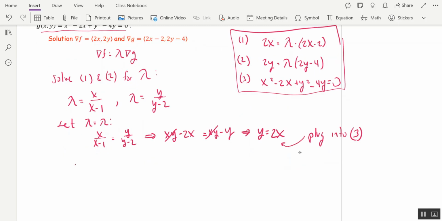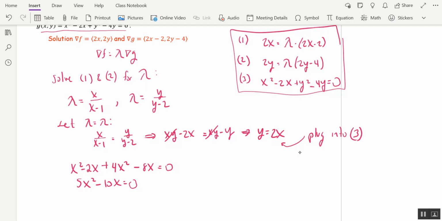Here we go. We have x squared minus 2x plus y squared, but y is 2x, so that's plus 4x squared, and then minus 4y, y is 2x, so that's minus 8x, and that's equal to 0. So that's 5x squared minus 10x equals 0.